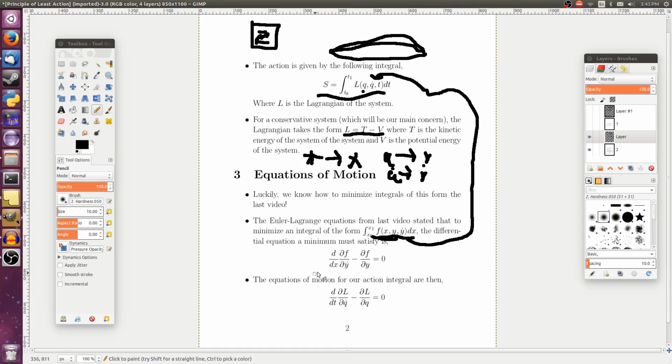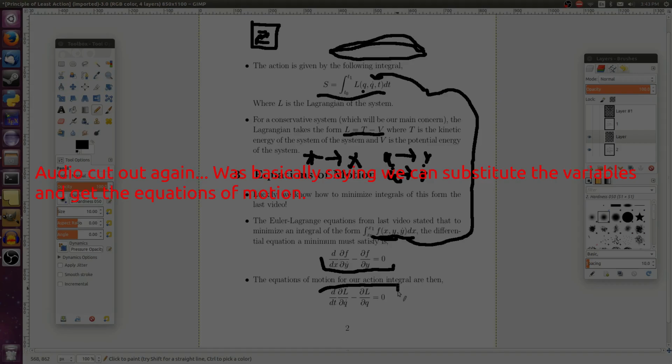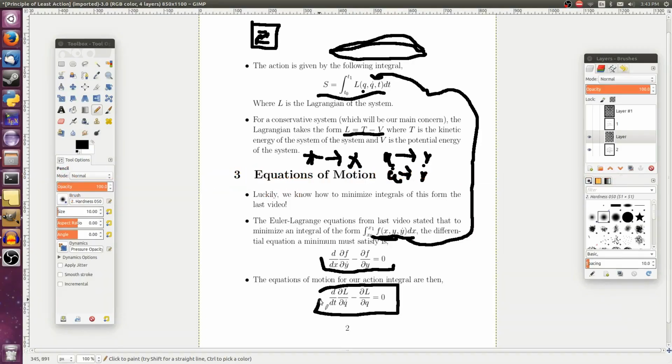And we saw that the Euler-Lagrange equation looked like this. So if we substitute y for q, y dot for q dot, and t for x, we just get the Euler-Lagrange equation for the system.